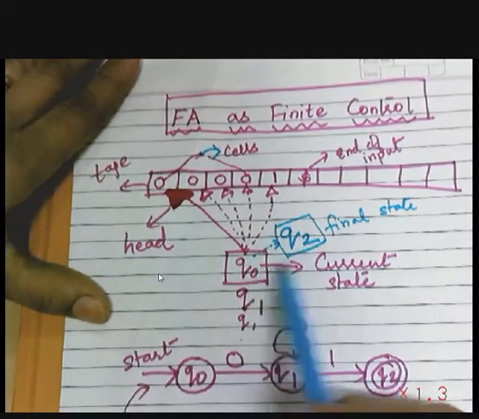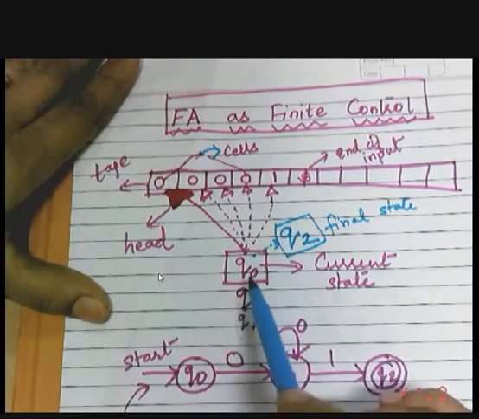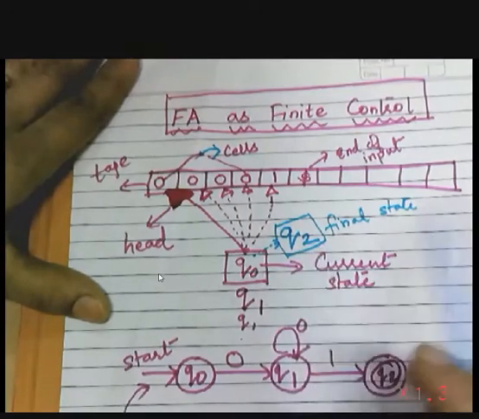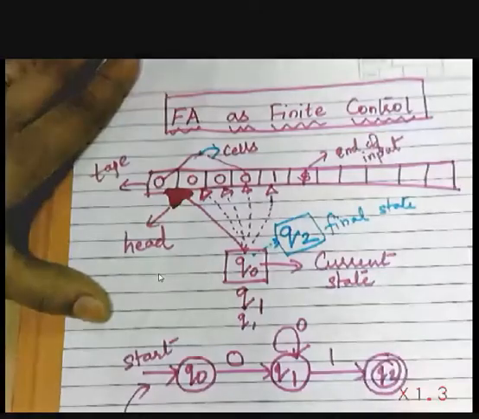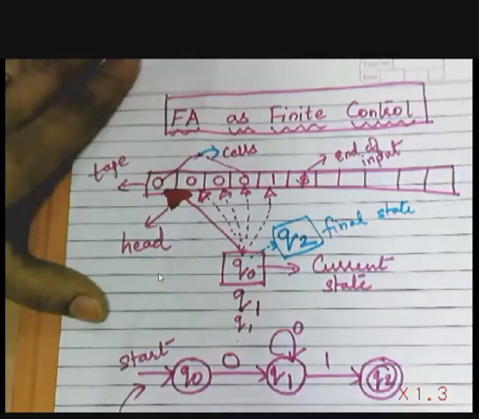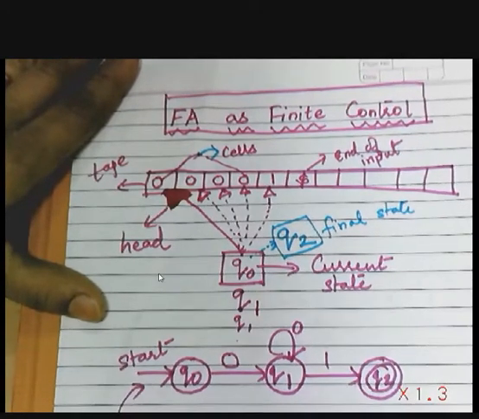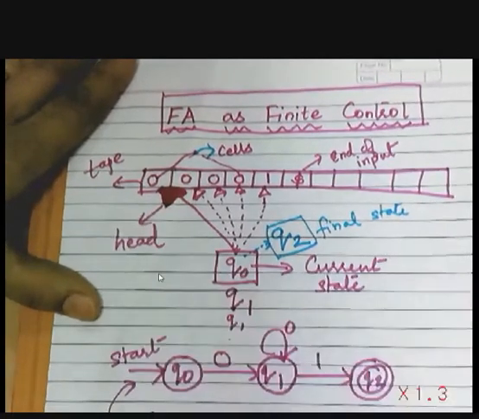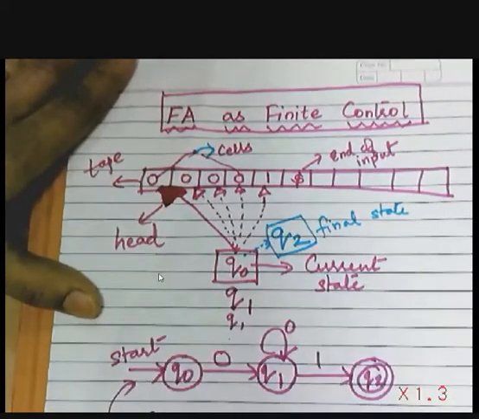But here, when it reads Q1 and the 1, it reaches the final state. In this way, we can represent that a finite automata is acting as a finite control. So if in an examination you are asked this question, you have to draw this figure and explain its working.